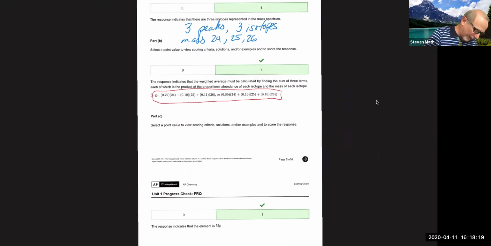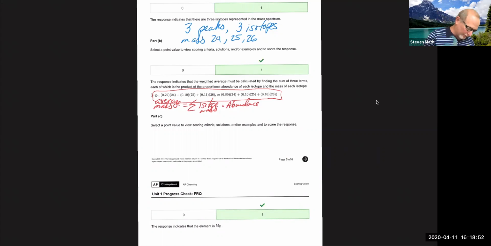You also could say that the average mass is going to be equal to the sum of the isotope mass times its abundance. I know you know how to do an isotope problem. You need to explain it in writing. Here's how I could find out that average mass.